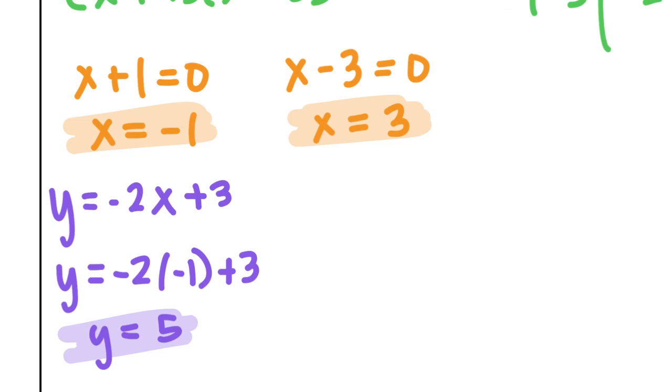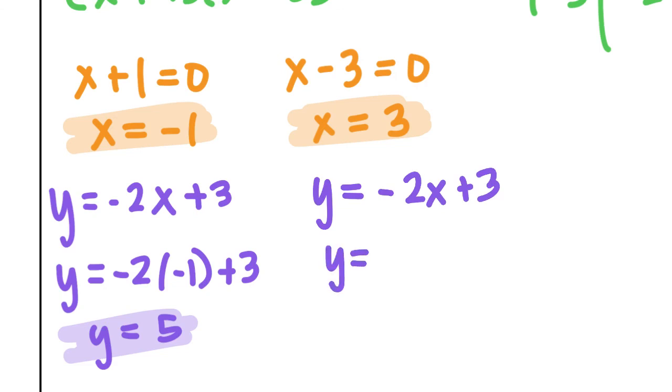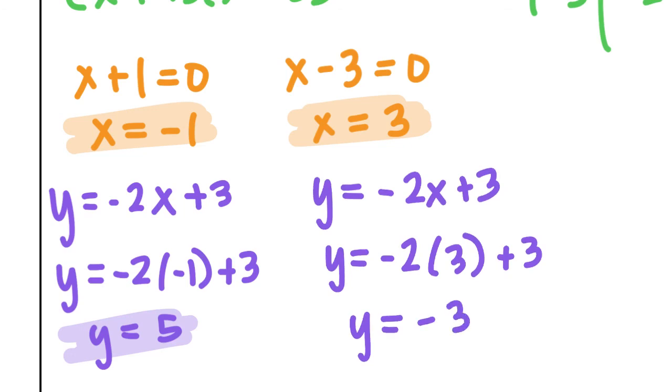And for the other one, we're going to use our same linear equation, so -2x plus 3. But let's plug in 3 for our x value, which means that y equals -3.